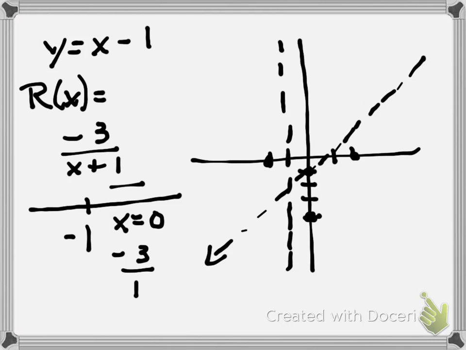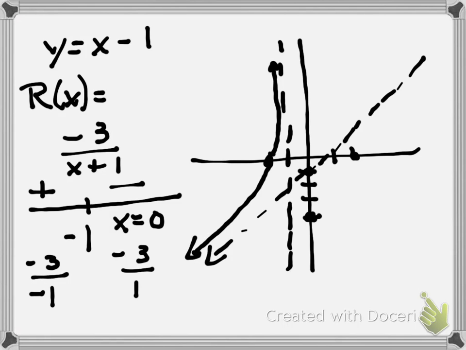And we're going to test on the other side, let's say -2, -3 over -2 minus 1 is going to make that a positive. So what we're getting is that it's going to approach the vertical asymptote here and the slant asymptote here. And then on this side, we know that it has to come up in this region here, and it has to go down here this way.